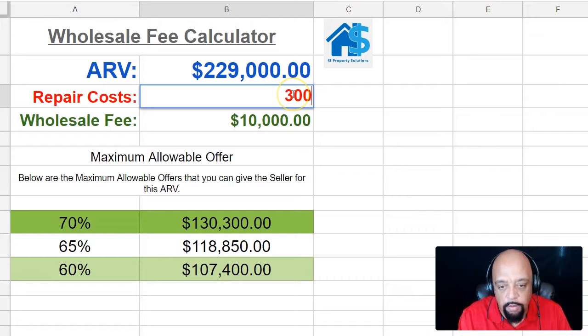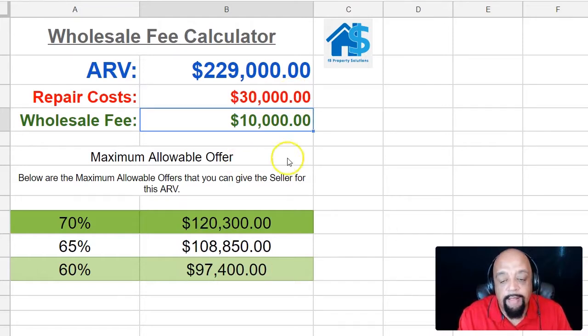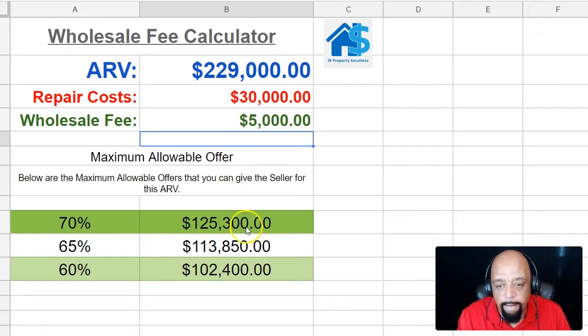But we're going to go back to the original. And that's how easy it is to use. So stick with these numbers. Stick with your numbers. So if you want to make 5,000, stick with this. You see, it's instantly going to give you the cash offer. You don't even have to think about it. That's what I like about it. Once we came up with this, we said, oh, we no longer have to think about it.